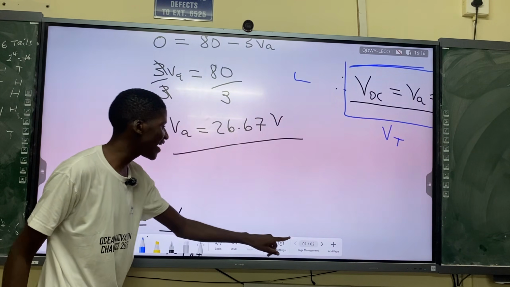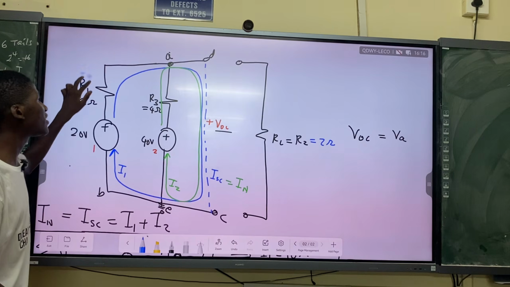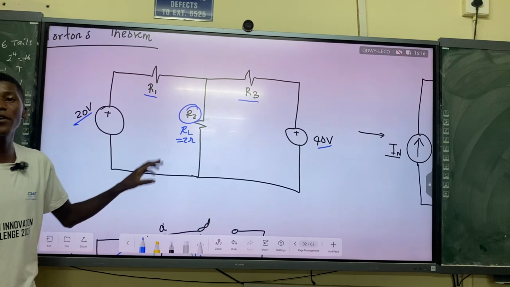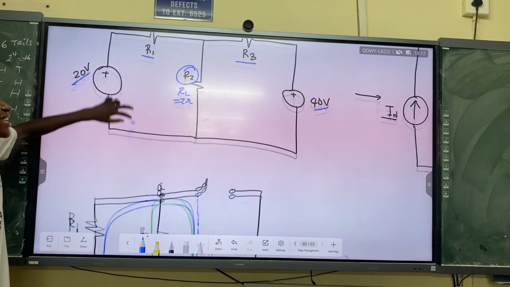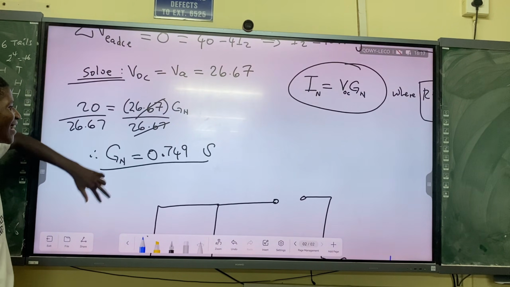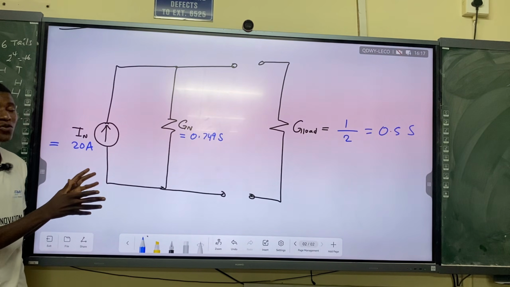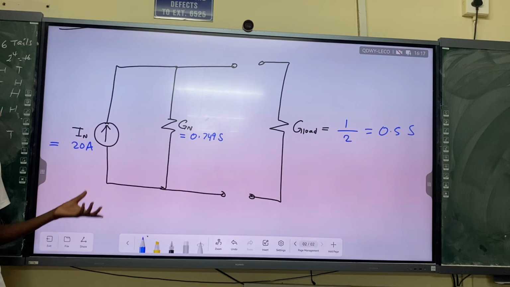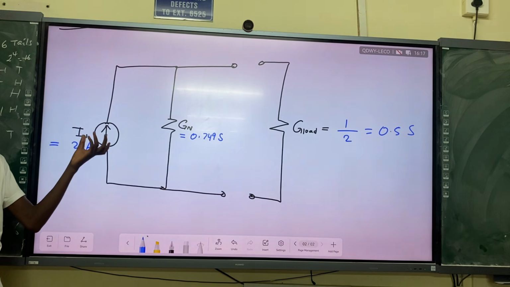We assigned it in the previous question. So our load resistor that we're looking for was 2 ohms. So we are looking for the current going through this load resistor. So what have we done here, so you don't get confused? We reduced our circuit to a Norton's equivalent. The Norton's equivalent has an ideal current source.